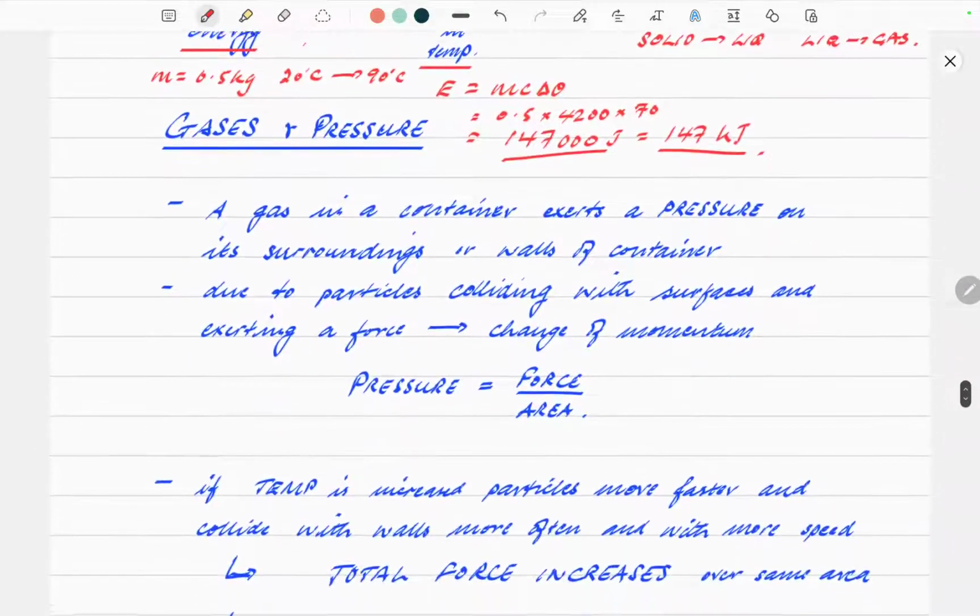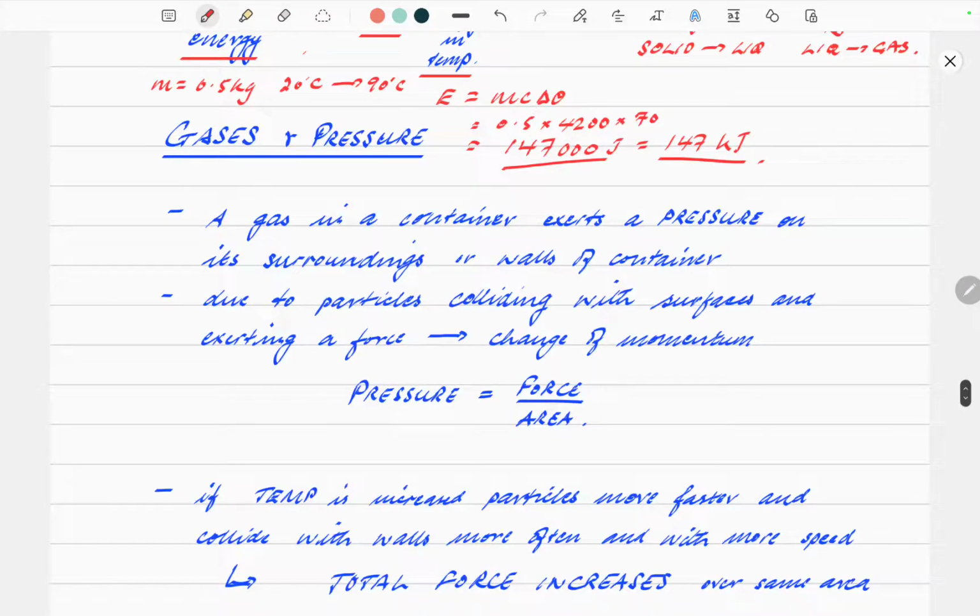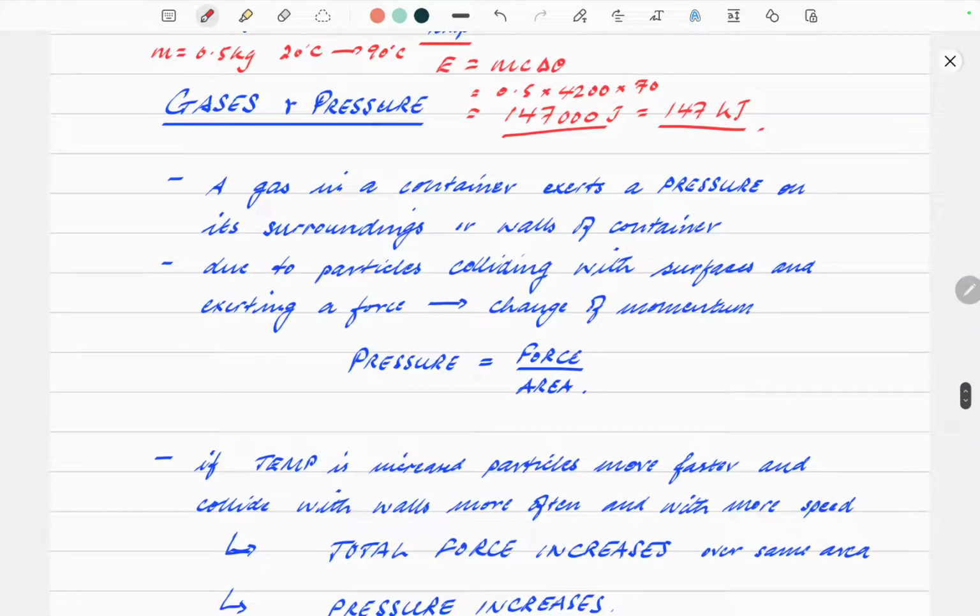Right. Finally, this is a bit that if anybody wants to, they can skip out of the rest of this if it's not necessary for your particular exam this year. But moving on, gases and pressure. A gas in a container exerts a pressure on its surroundings or walls of the container.